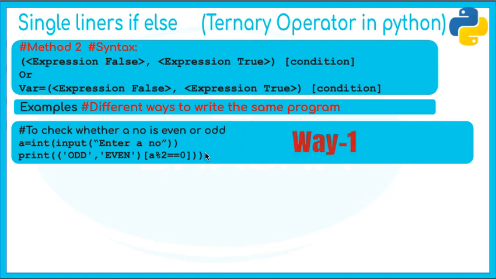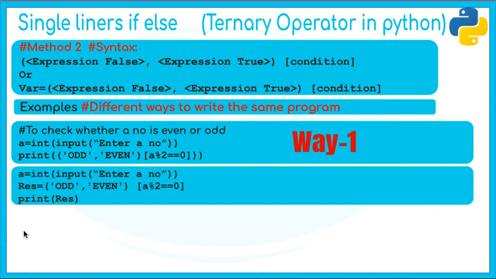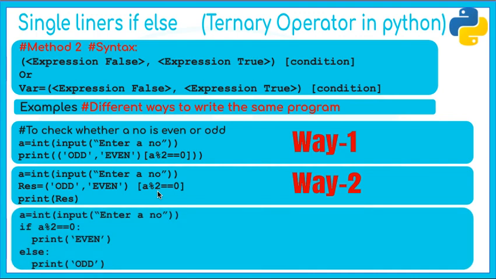That's the first way. The second way is I can do it without a direct print statement. I can even use another variable, store these answers in RES, and print it like this. So that's the second way of doing it. And finally, our old way of doing it using if else is this one.